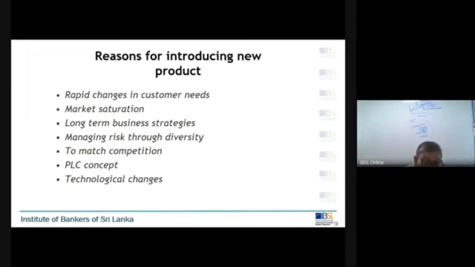Also, by introducing a new product, you can manage risks through diversity. And sometimes to match competition, because a competitor has introduced this product. If you do not follow, finished. A good example: if you see insurance, on the spot all have developed similar products once Ceylinco introduced one, to match competition.